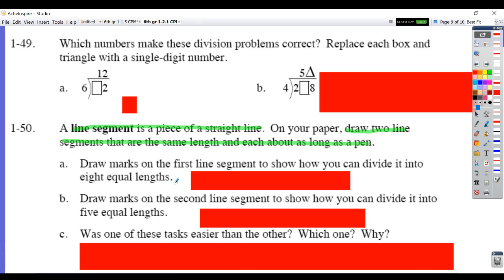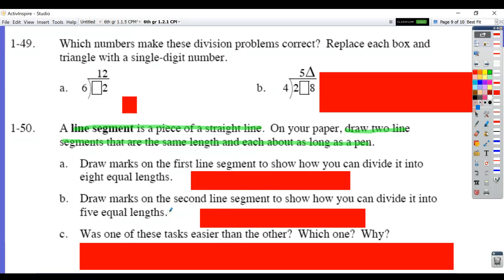All right, so how could you divide a line segment into 8 equal lengths? And part of what they're getting at here is, especially if you're doing it without a ruler, the best way to get a good approximation is to first divide it in half, because half is fairly easy to estimate, and then divide those halves into halves, and so on until you get to 8 equal parts.